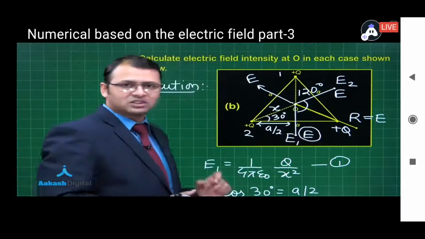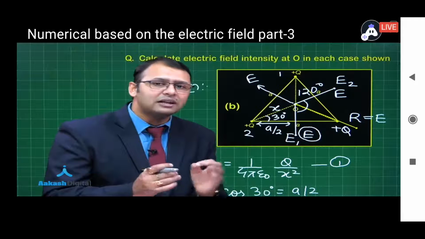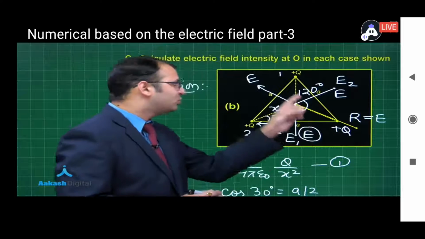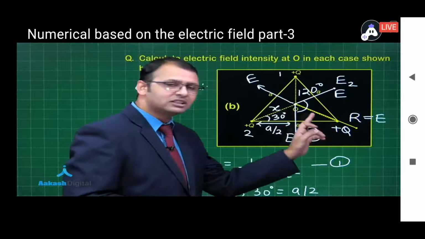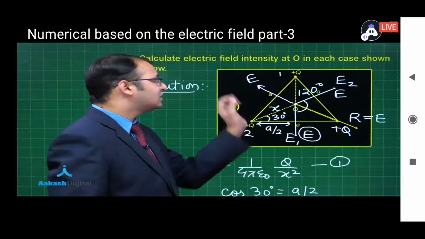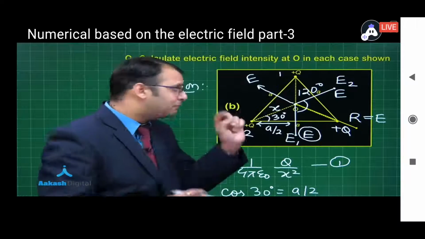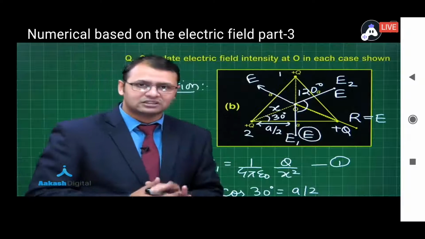So I'll have another theory. If I remove this charge, the whole system will apply the same electric field as this charge was applying at this point. So whatever electric field this charge would have applied on this point, both these charges will apply the same electric field but in the opposite direction to that of the electric field applied by this charge.